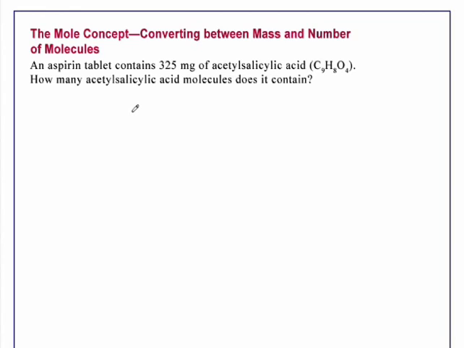The first thing we're going to do is to sort the information into what is given, which provides us with a starting point, and what is it that we're trying to find.